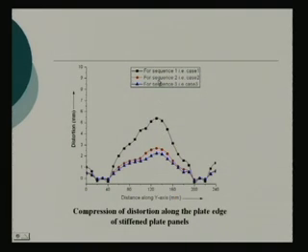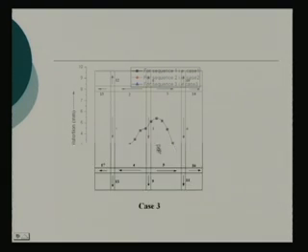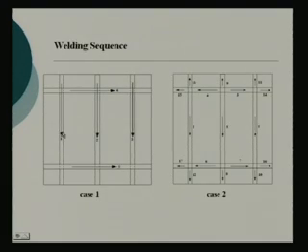Case of sequence 2, if you recall those sequences, it is here. It has drastically reduced simply by changing from here. The basic difference is started from one edge and went over to the other edge, and here it started from the middle, did this, again did that.